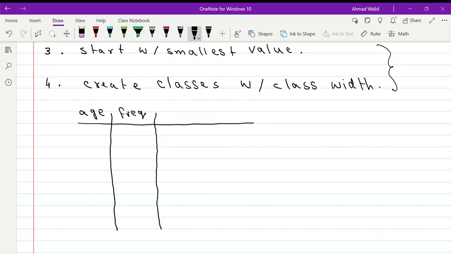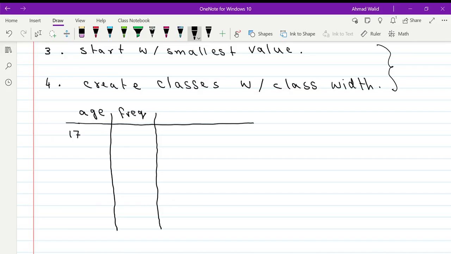Now, I know the lowest or the youngest age in my class. Step 3 tells me start with that number, which was 17. Focus here, please, because this is the most important part. The others are really easy. The most important part that usually a lot of times students are doing mistake is when they create classes.